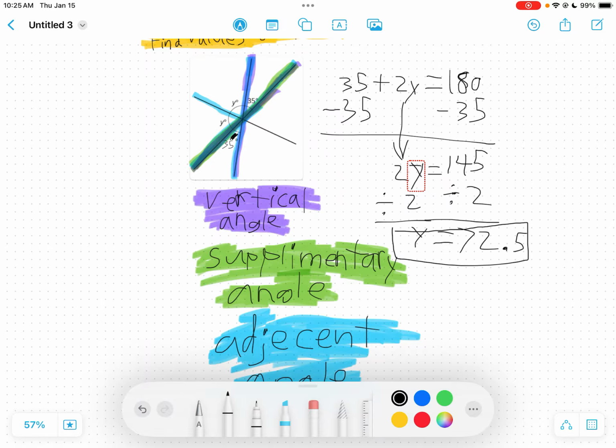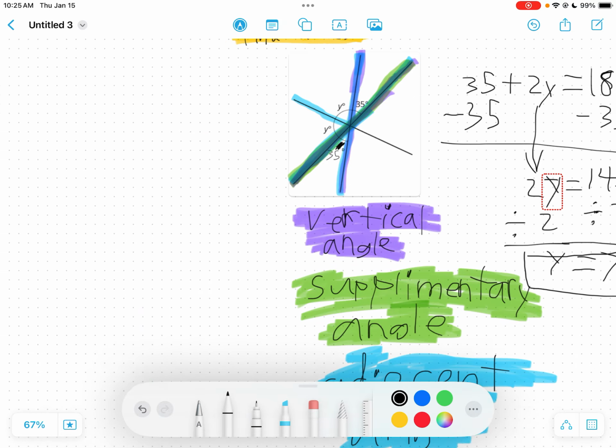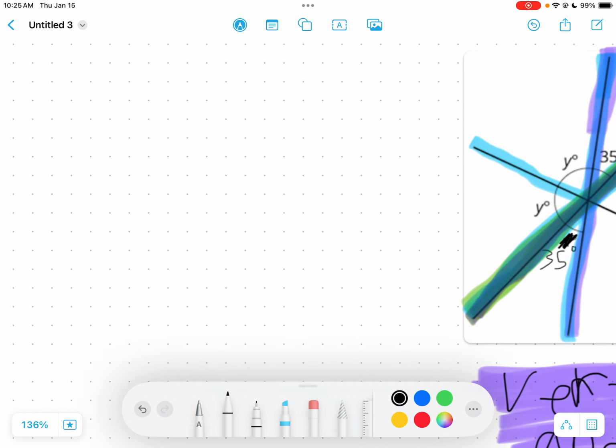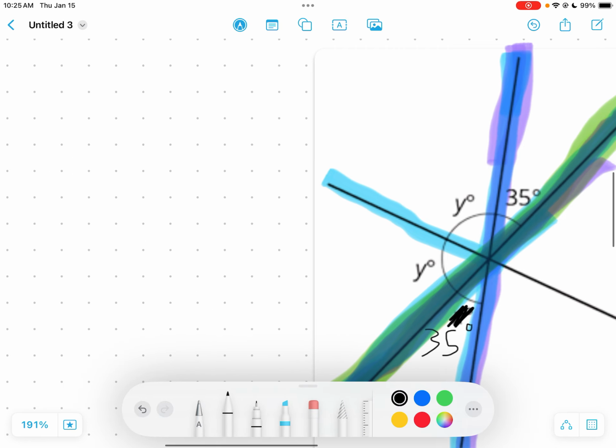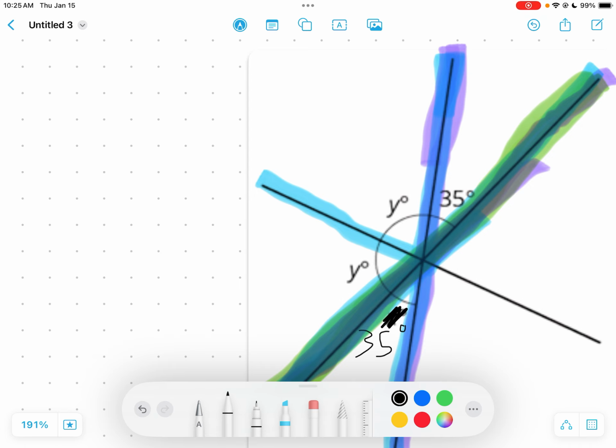But just to make sure this statement is true, we will add the angles all together, as this exact angle that we're seeing here right now is 215.